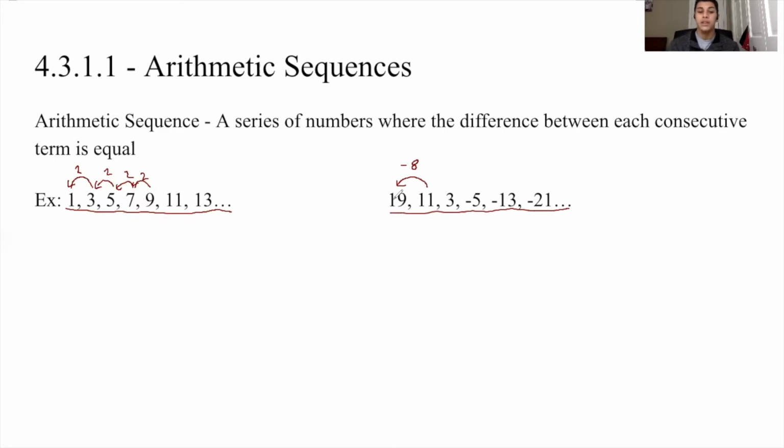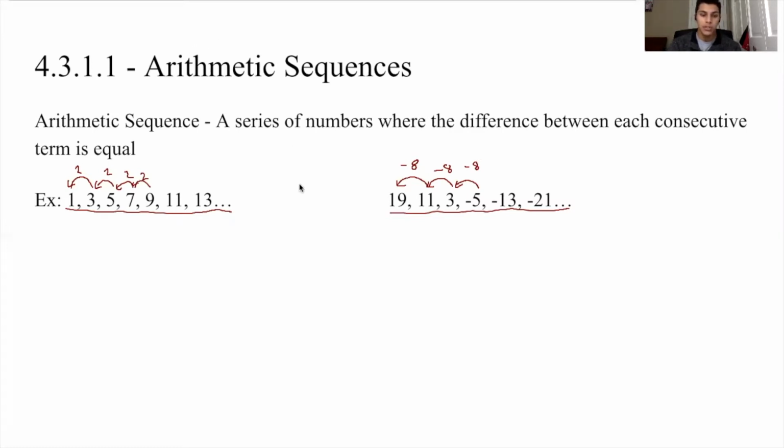Sorry, when I mean larger and smaller, I mean the one that comes farther into the arithmetic sequence. So 11 comes after 19, so you subtract 19 from 11. If you subtract 11 from 3, that's -8. If you subtract 3 from -5, that's also -8. And so on, and the difference between each of these terms will be -8.